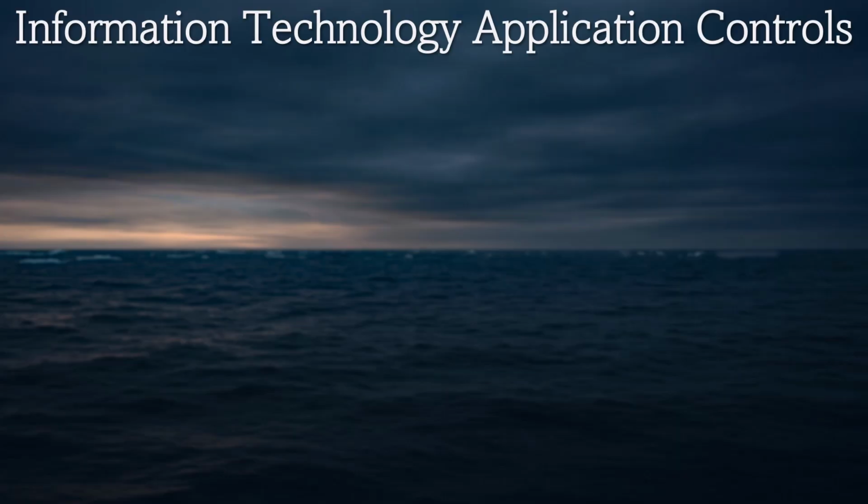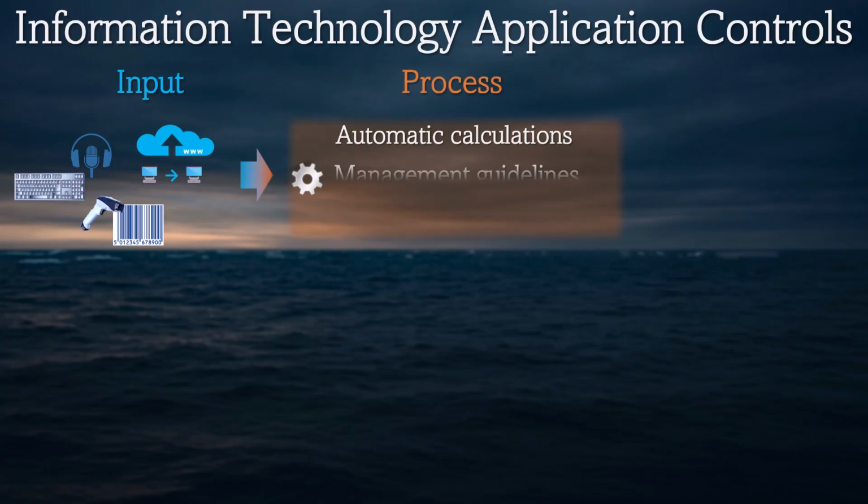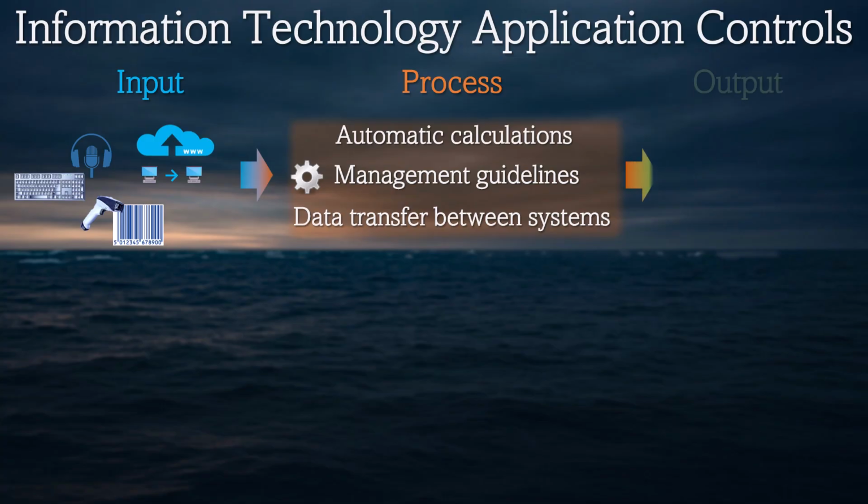Information technology application controls can be broken down into 3 key stages. At input, we ensure the data is accurate from the moment it is entered. During processing, the system applies programming and configuration rules to process the data correctly. At output, we verify that the results are reliable.